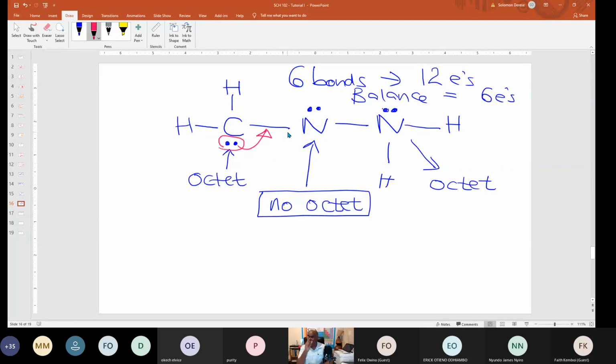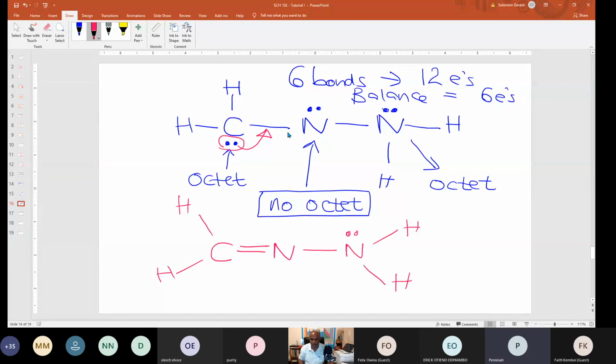So this one will not have a resonance structure. The only structure that will come out of that will be, you have a carbon double bond nitrogen, and then the two hydrogens on this carbon, and then the nitrogen and the two hydrogens on that nitrogen, and then a lone pair of electrons on each of the nitrogens, okay?